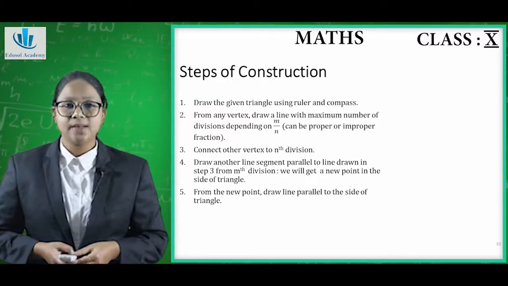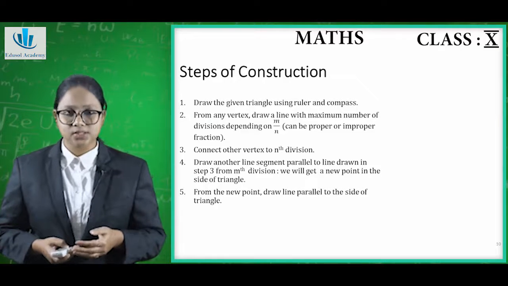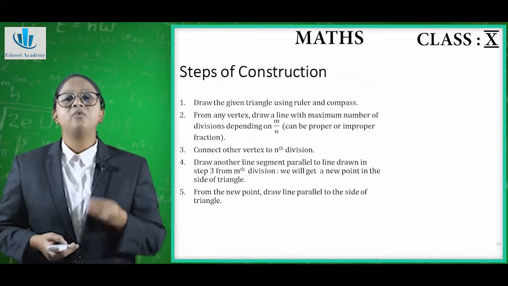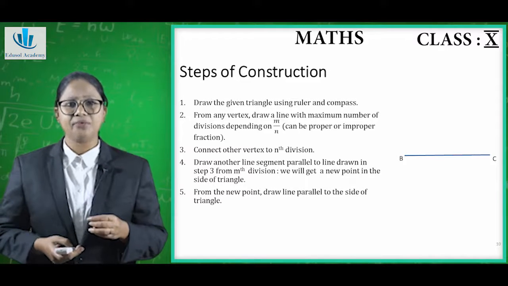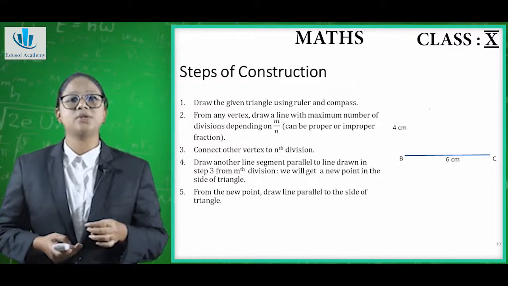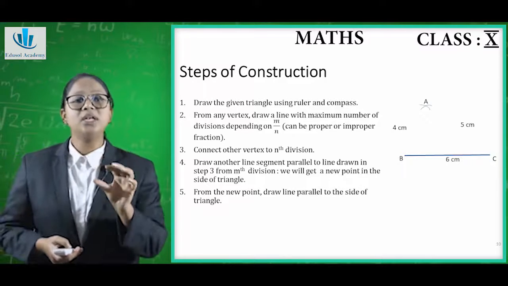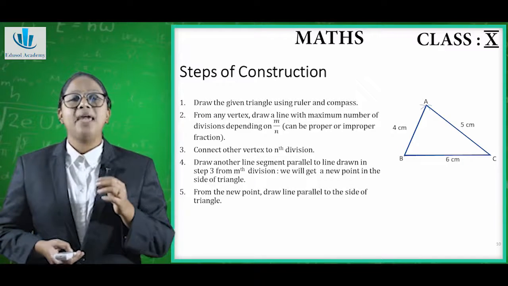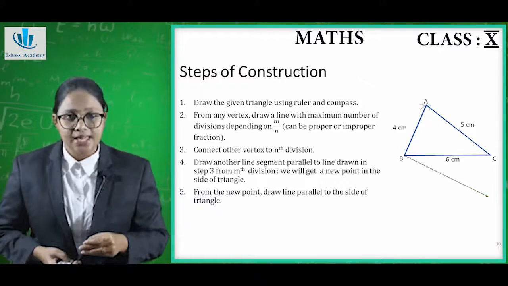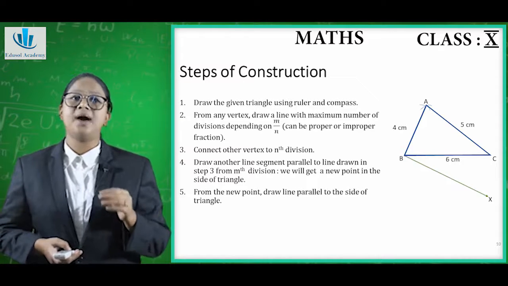Now moving on to the steps of construction, we will recollect how we constructed this similar triangle. We started with the given triangle 5, 4 and 6 centimeter, or whatever is given in the question. We only used ruler and compass for construction. Then from any vertex, draw a line with maximum number of divisions depending on m by n.